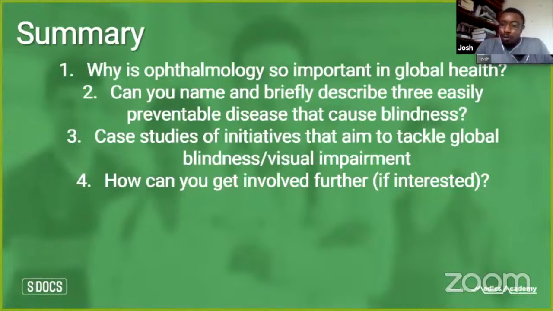If they haven't come across well, then it's probably my fault. I wanted you to be able to answer: 1, why is ophthalmology so important in global health? 2, can you name and briefly describe 3 easily preventable diseases that cause blindness? 3, name some case studies or initiatives that aim to tackle global blindness and visual impairment. And 4, if you are interested, how can you get involved further in global health ophthalmology?